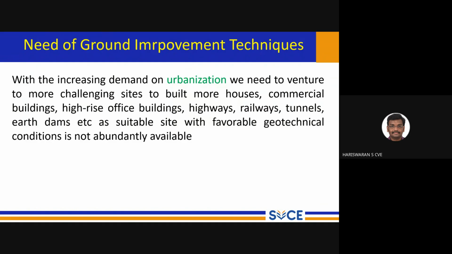Because of urbanization, we are all forced to utilize the land, but unfortunately the land may not be capable of taking that much load. Our intention is to execute such structures, so there is no other way: we are supposed to improve the performance of the soil to achieve our goal. So that is the need for ground improvement techniques in our civil engineering.